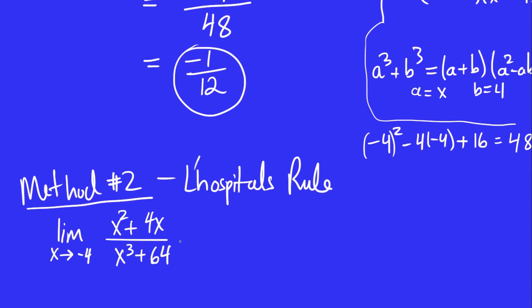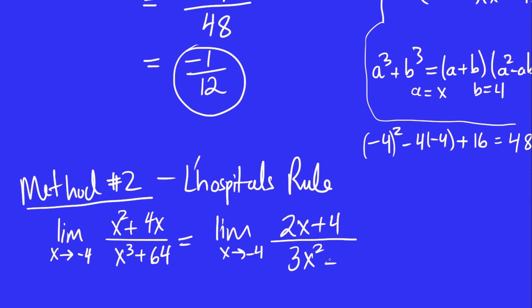When we apply it to a limit of 0 over 0 form, we take the derivative of the numerator and denominator separately. So we get 2x plus 4 for the top derivative. The bottom derivative will be 3x squared plus 0, and I won't even bother writing the 0.